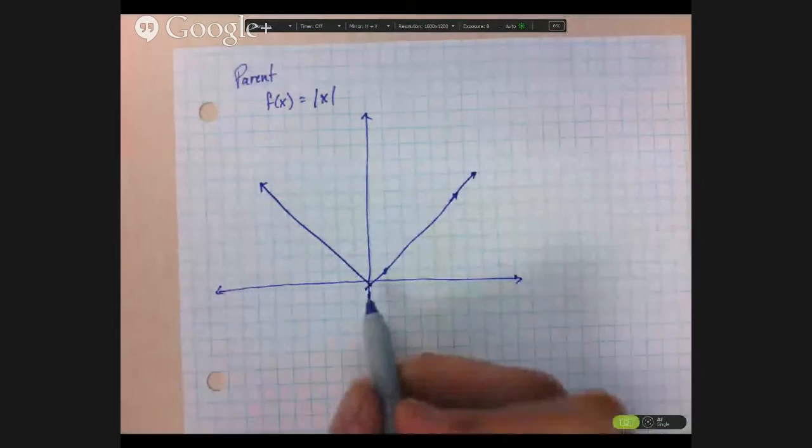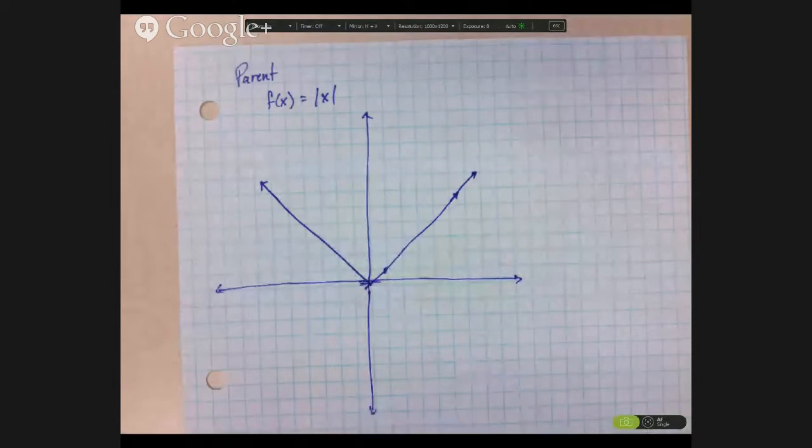Yeah, that's a little bit messy, but that's our parent function, located on the origin, right?